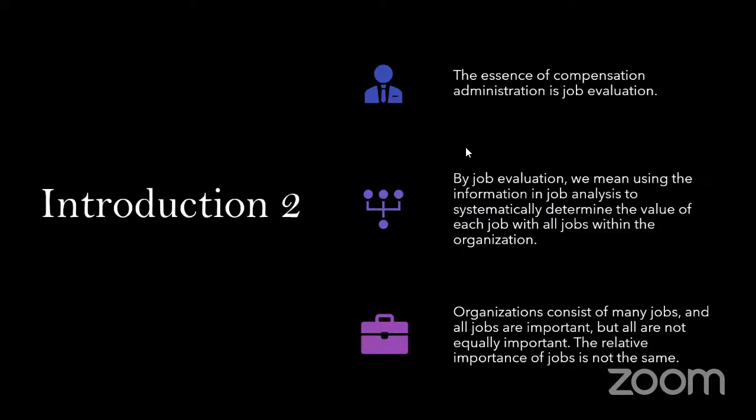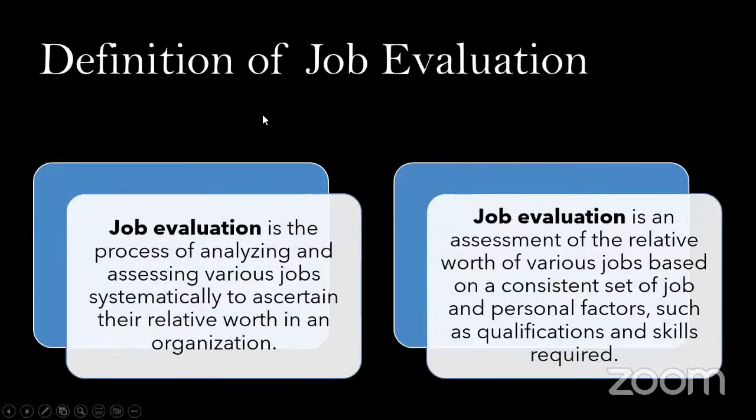Still on introduction, the essence of compensation administration is job evaluation. By job evaluation, we mean using the information in job analysis to systematically determine the value of each job relative to all jobs within the organization. Organizations consist of many jobs, and all jobs are important, but all are not equally important. The relative importance of jobs is not the same, so jobs vary according to their importance.